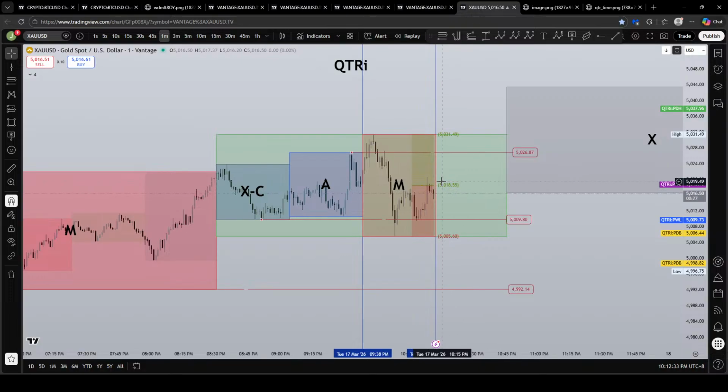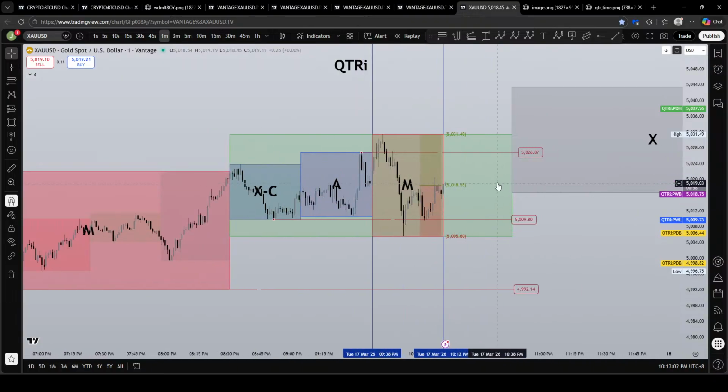So this means to say this will only support my statement a while ago that since the subquarter 3 swept the high and the low of that current quarter, then there's a possibility that the distribution phase will either go up or go down.